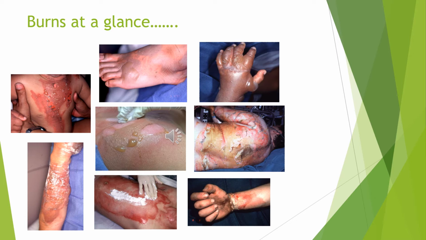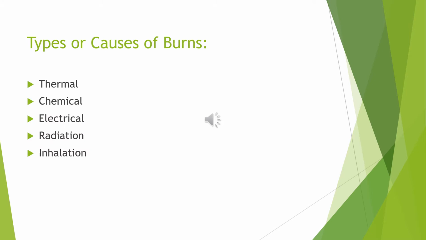Types or causes of burns include thermal, chemical, electrical, radiation, and inhalation, so you need to make sure that you know the difference between them. Thermal meaning heat, chemical meaning a type of chemical that has come in contact with the skin. Electrical would be like lightning or some kind of electrical equipment.